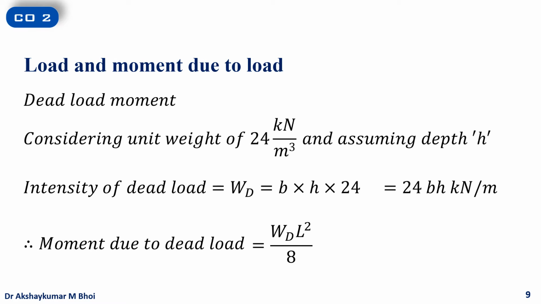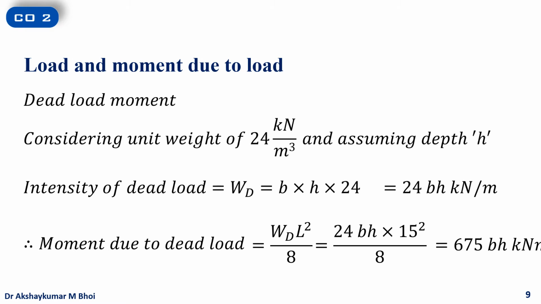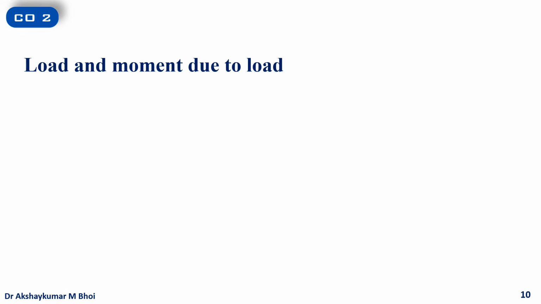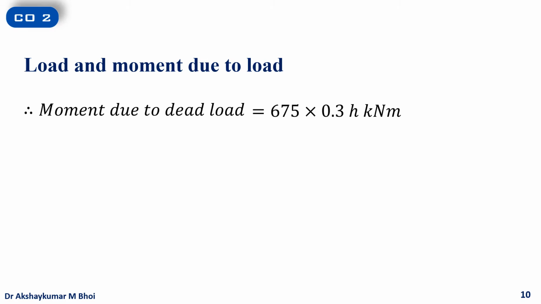Therefore, the moment due to dead load, WD into L square by 8, becomes 24 BH into 15 square by 8, which is 675 B into H kilonewton meter. If you put the value of B as 0.3 meter, which is given in the problem statement, we get the moment due to dead load as 202.5 into H kilonewton meter.